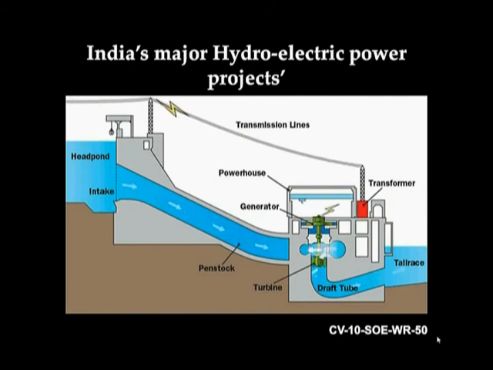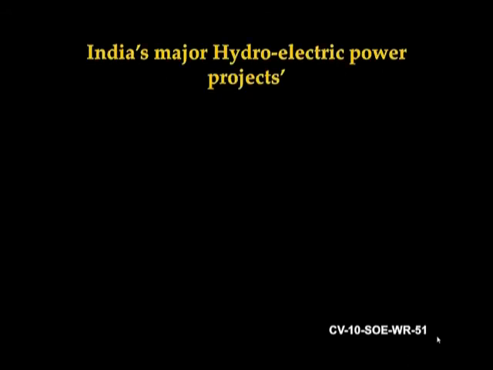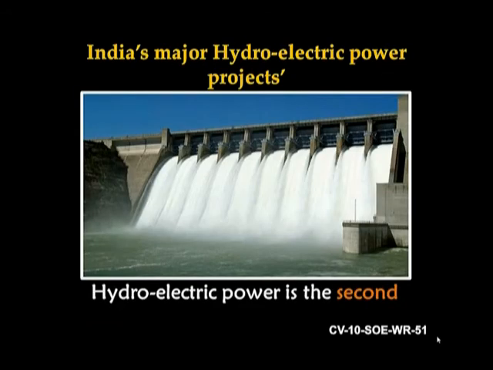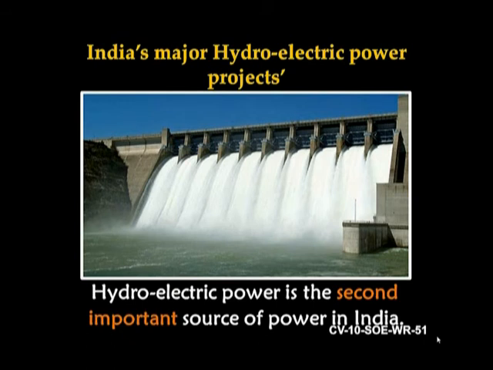India's major hydroelectric power projects. Dear students, observe this image and see how power is generated. The water resource is essential for the production of hydroelectric power. Hydroelectric power is the second important source of power in India.